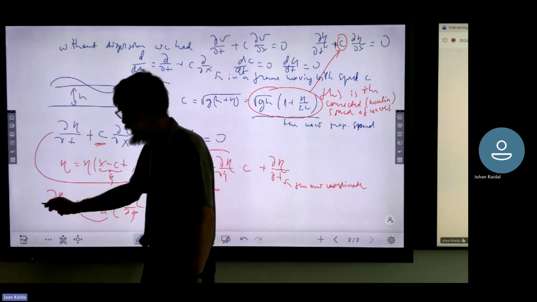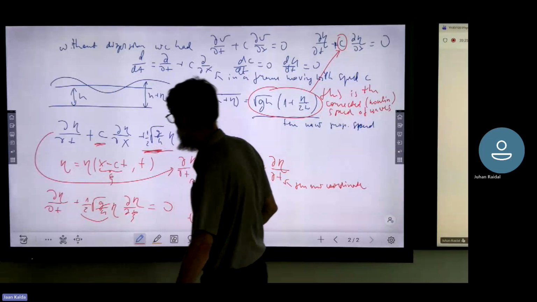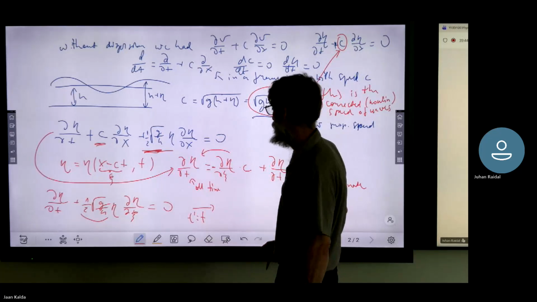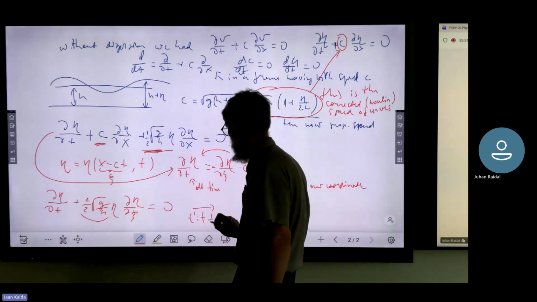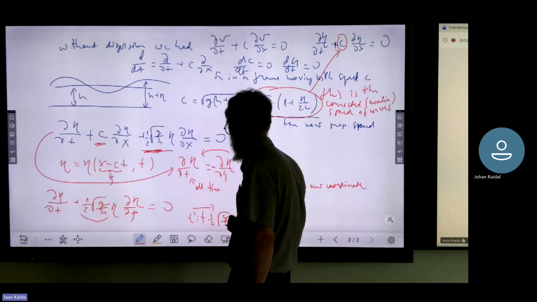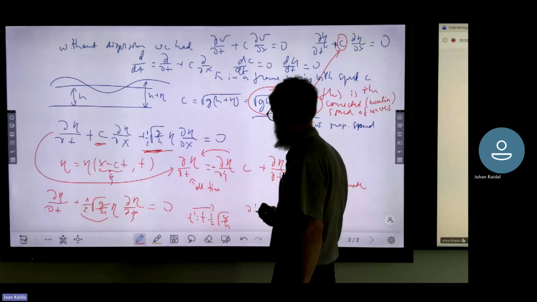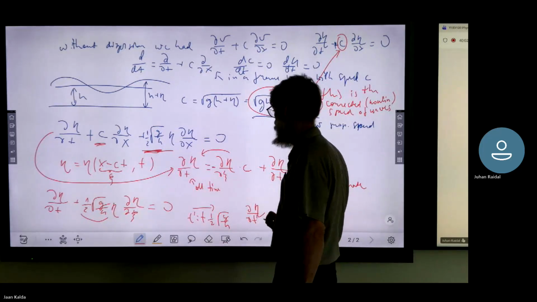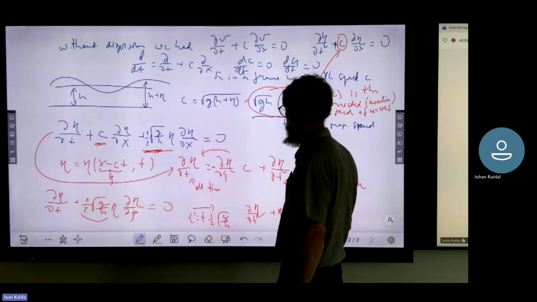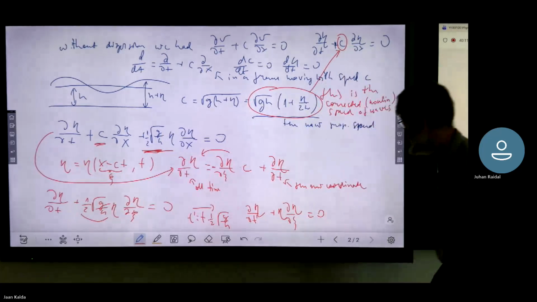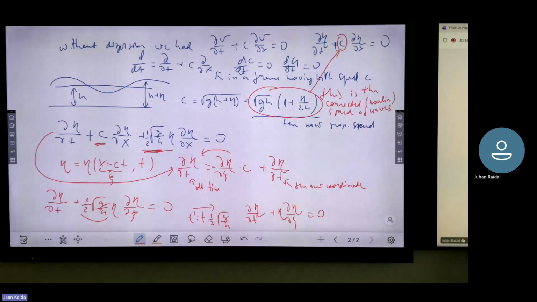Then this becomes 1. And if we say that t prime is t multiplied by that thing over here, 1/2 square root of g divided by h, then in new coordinates the equation would be d eta over dt prime plus eta d eta over d psi equal to 0. Agree?